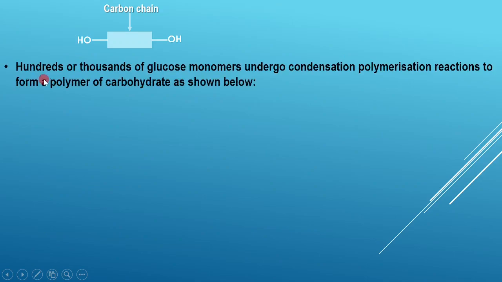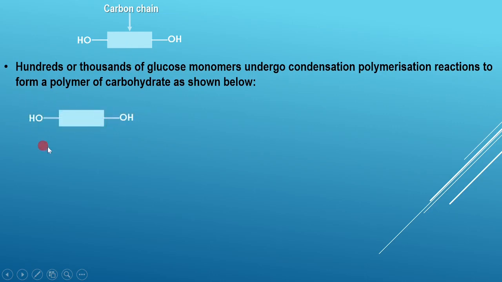So we are saying hundreds or thousands of glucose monomers undergo condensation polymerization reactions to form a polymer of carbohydrates as shown. So these monomers here join in a reaction called condensation to form a polymer of carbohydrate as shown.